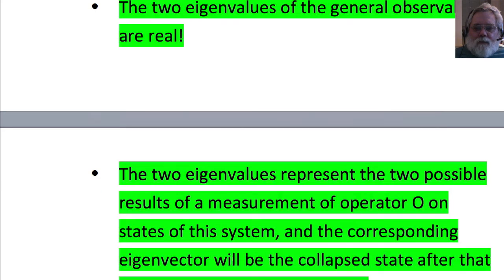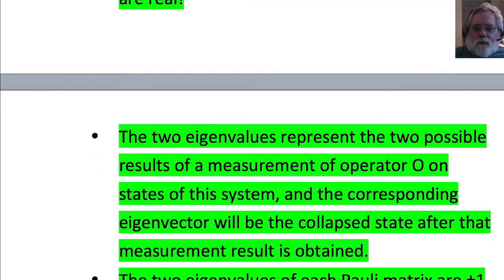The two eigenvalues represent the two possible results of a measurement of operator O on states of this system. Why are there two possible results? Because we're dealing with a two-state system.